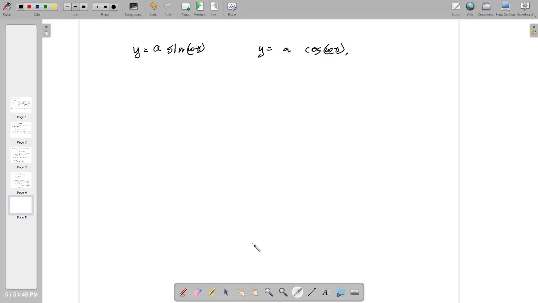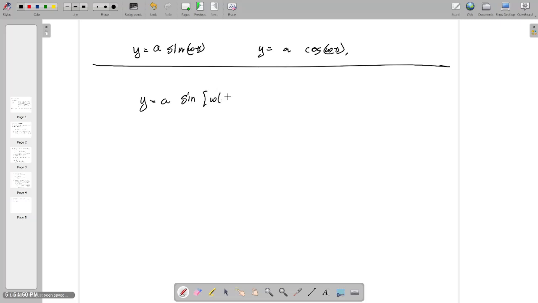Well, we can generalize this to be the following functions. y is equal to a sine omega times (t minus c) plus b. And y is equal to a cosine omega times (t minus c) plus b. And this will incorporate our vertical shift, b, and our horizontal shift, c, in this case.